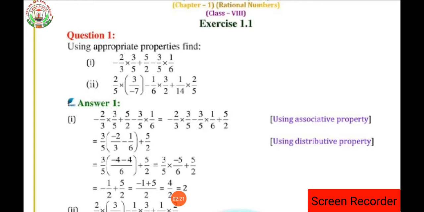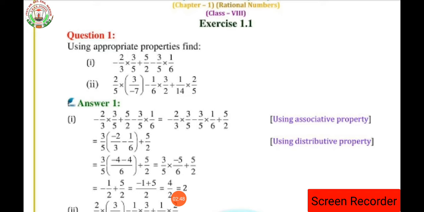In the same way, for subtraction, closure, associative, then commutative, and under multiplication again associative, closure, commutative, multiplicative identity, inverse identity, isn't it? All these properties will come under multiplication, and in the same way for division also. So dear student, one by one we are going to see this.